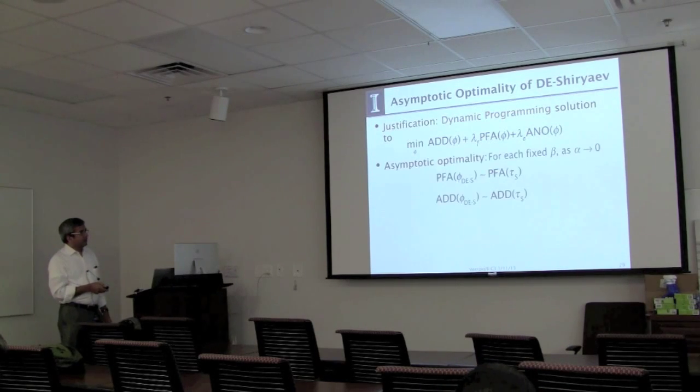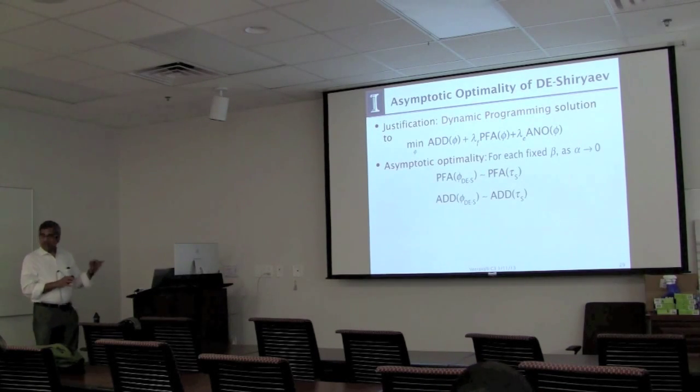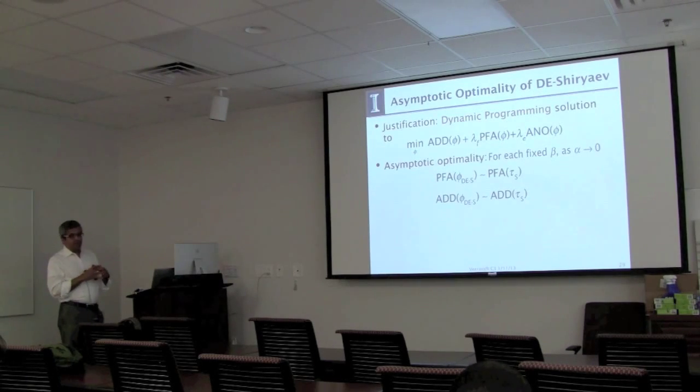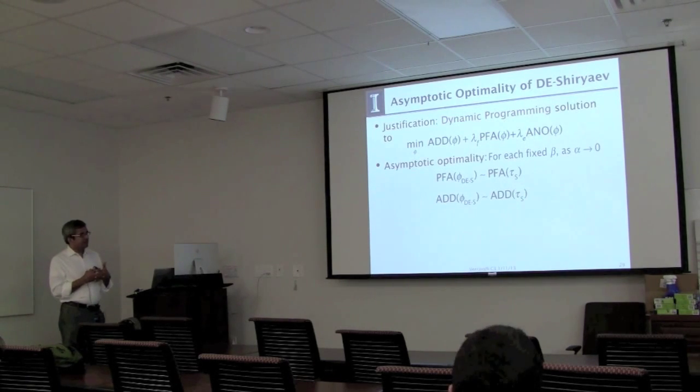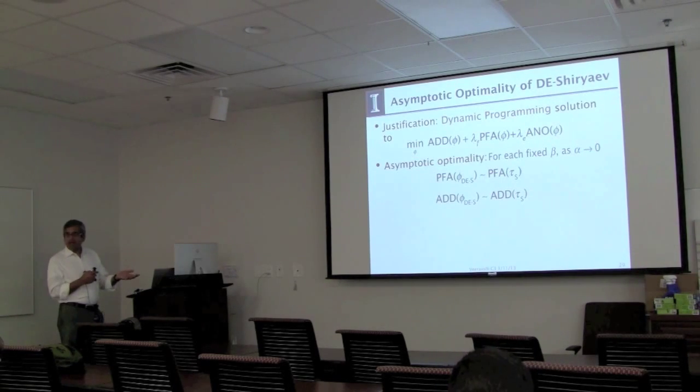But that was just one way to justify the test. A much nicer way to justify the test is to look at the asymptotic setting again. We're interested in low false alarm, so we'll let alpha go to 0.